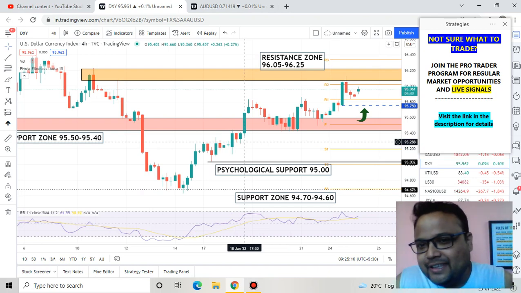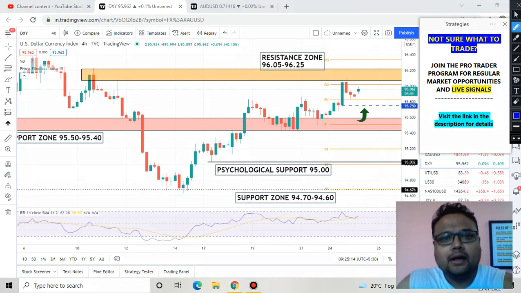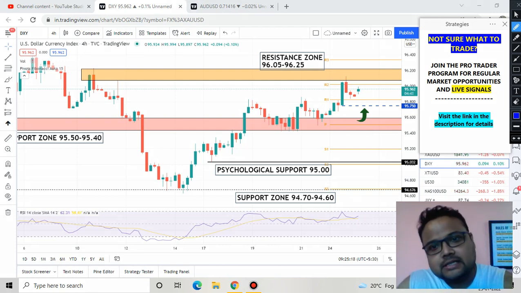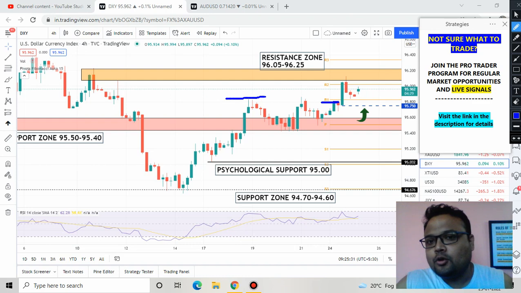See, this is the chart of DXY here, and as expected, the resistance zone of 96.05 to 96.25 is still valid. But surprisingly, when I made my yesterday's video, it was trading here. Remember I told you that there may be a resistance here, gold may fail also to break the resistance.